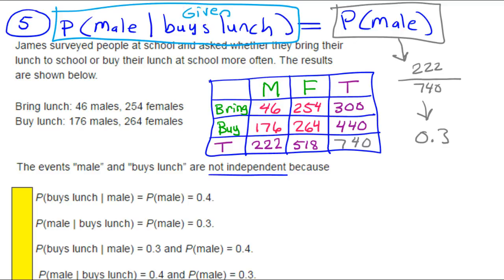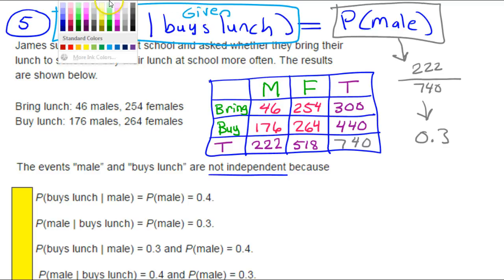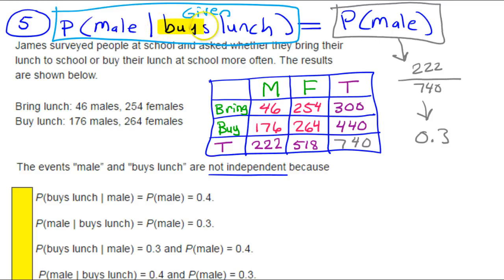Now, if you're given something, in this case we're given that we're talking about people who buy their lunch, that is the universe. What you're given is the new universe. So, buys lunch is given, so that means this is what is given.